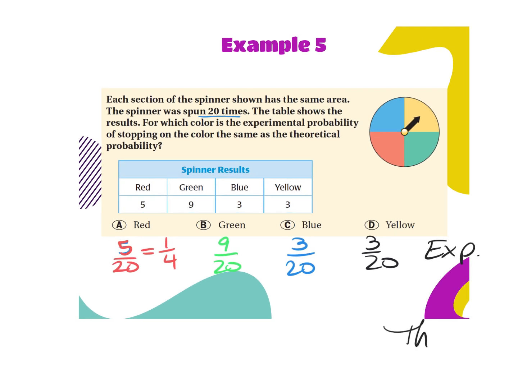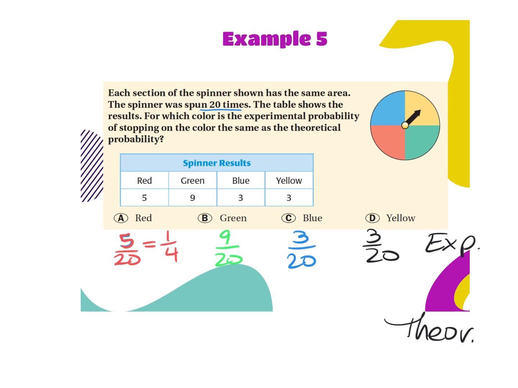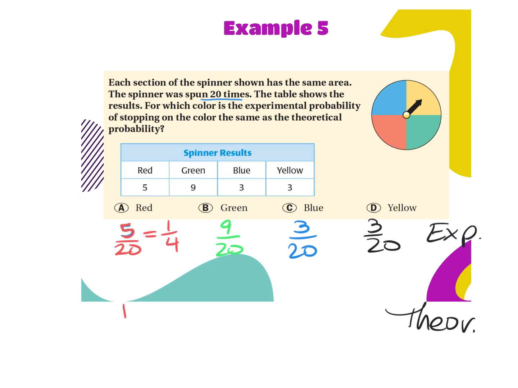Now I'm going to write the theoretical probability. So each one is going to be the same. So each section is equally spaced out, has the same area. So the theoretical probability of red, there is 1 red section out of the 4. And look, I already found my answer.